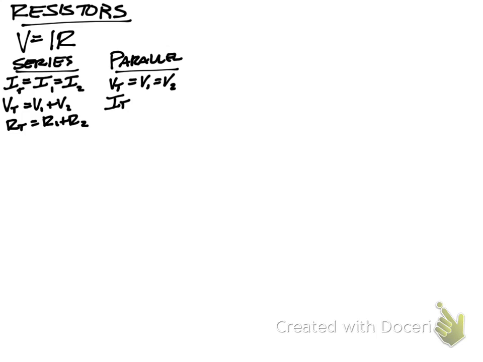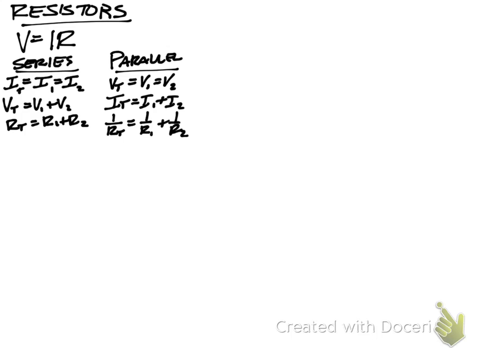Your current adds, so I total is I1 plus I2. And then you have resistance that goes together in a slightly weird way. 1 over R total is 1 over R1 plus 1 over R2. So that's a series circuit and a parallel circuit.